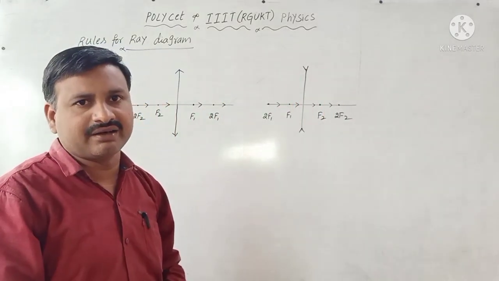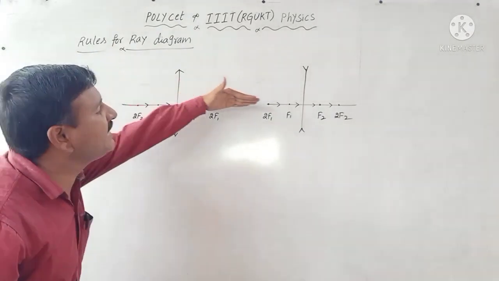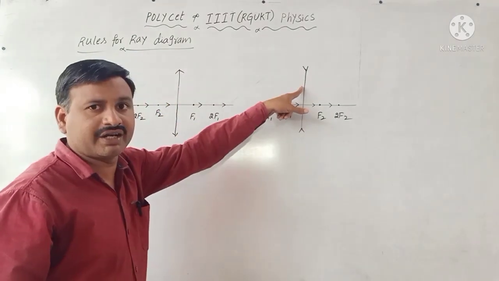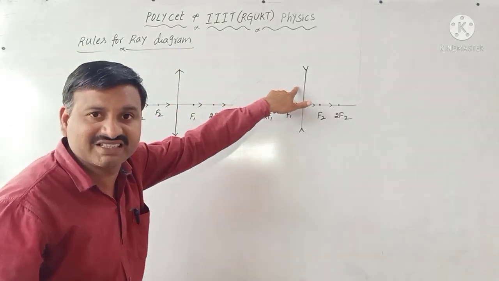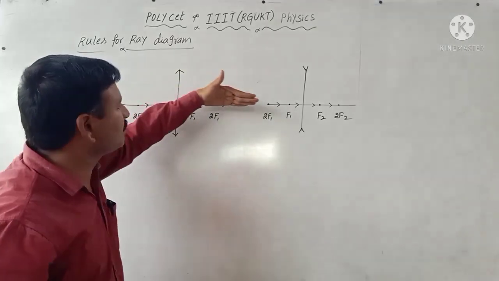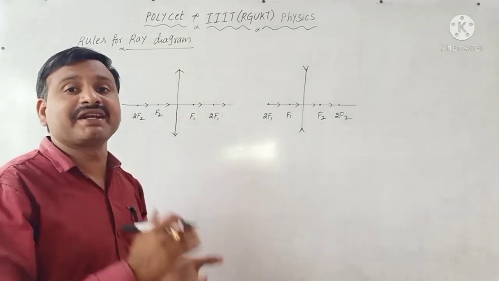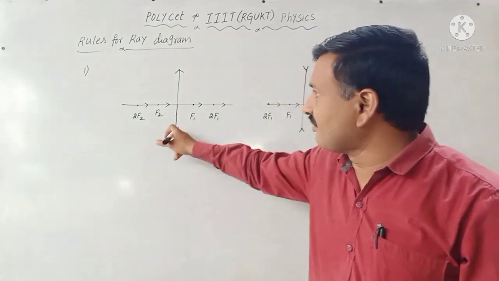It is rule 1. Already I am saying, the convex lens is shown by this symbol and the concave lens by this symbol. Undeviated means without deviation. So it is rule 1.